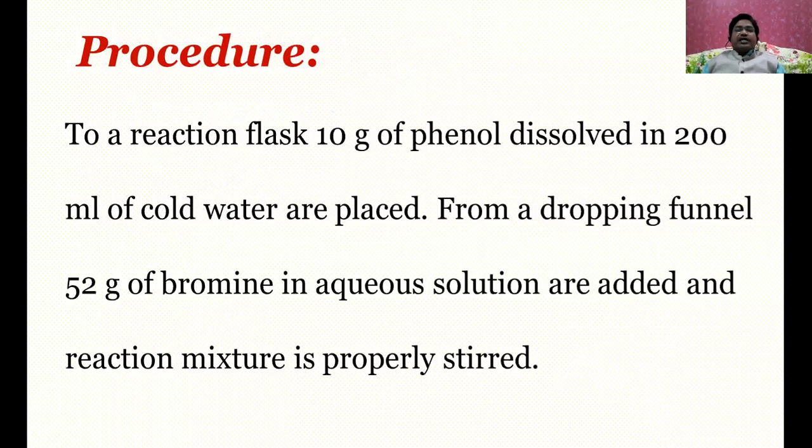To a reaction flask, 10 grams of phenol dissolved in 200 ml of cold water are placed. From a dropping funnel, 52 grams of bromine in aqueous solution are added slowly, and the reaction mixture is mixed properly with stirring.